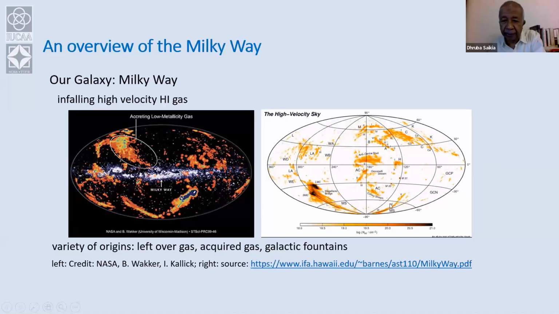Some of this gas probably will get captured by our galaxy, or is being captured, where gas is being stripped apart from one of these galaxies. We shall see later that it appears to be from the Small Magellanic Cloud. These two figures are flipped by 180 degrees. So this region is similar to this region over here, the Magellanic Clouds which appear over here appear over here, and the plane of the galaxy is shown over here.